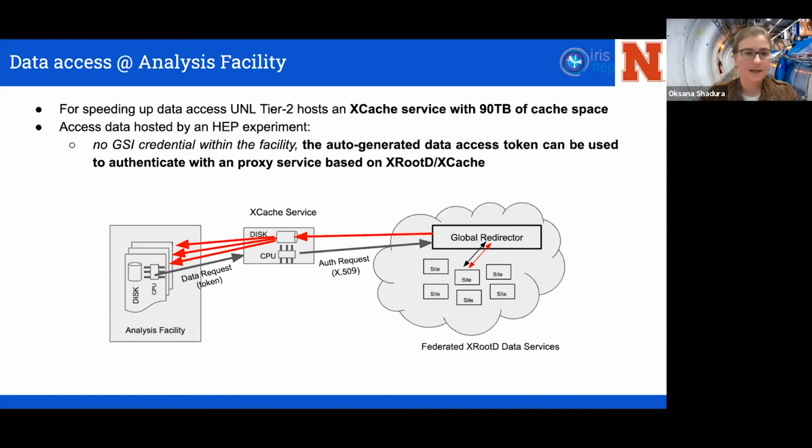For data access, we investigated some caching mechanisms available for the XRootD protocol, and we have our own proxy caching service with 90 terabytes of cache space.